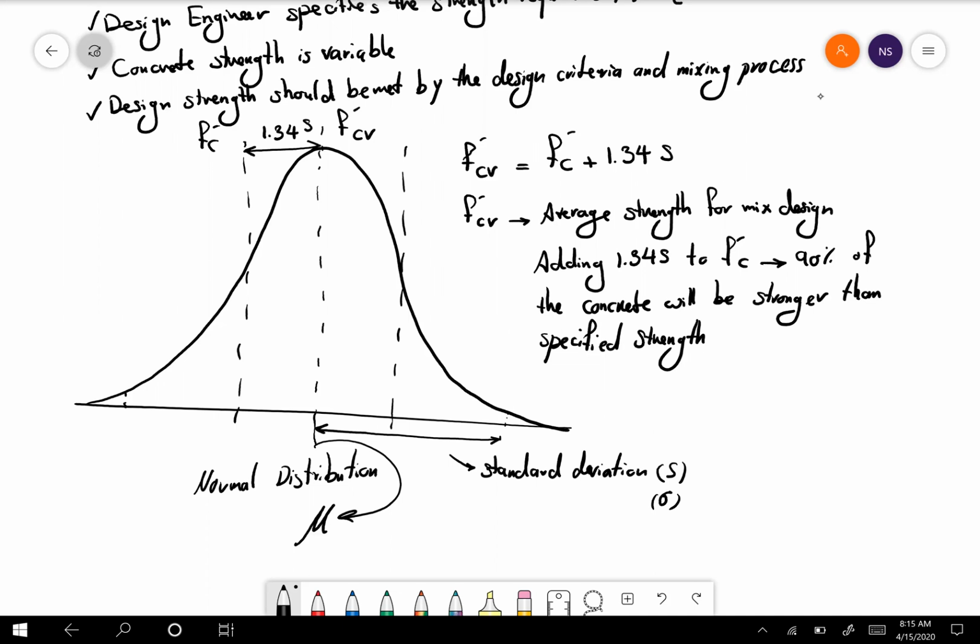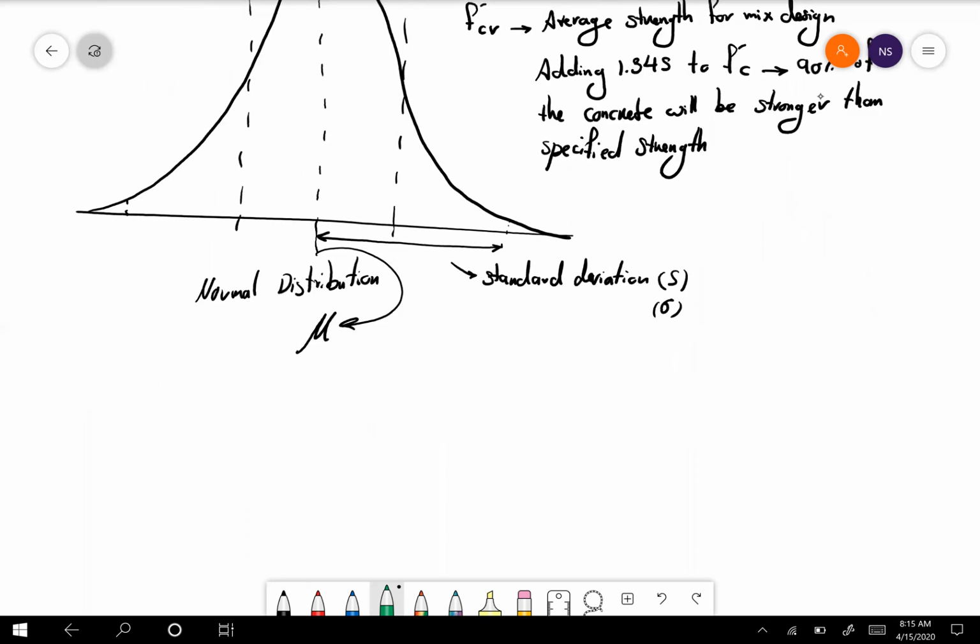Okay, so we can say this when standard deviation is less than 500 psi. Now, what happens if standard deviation is not less than 500 psi?